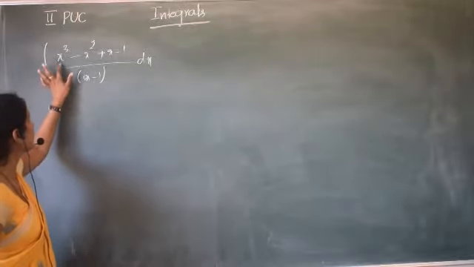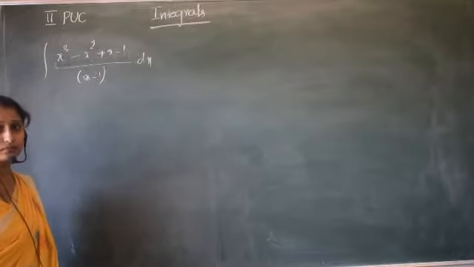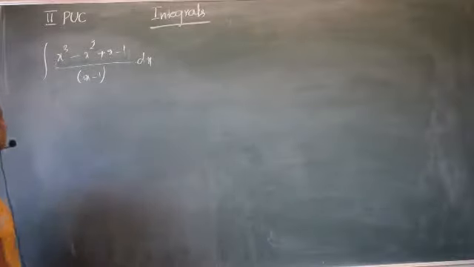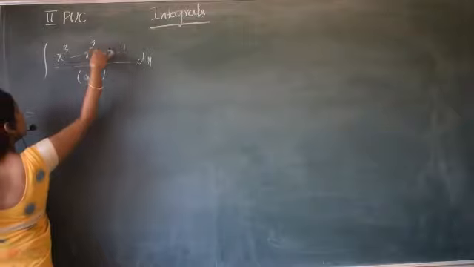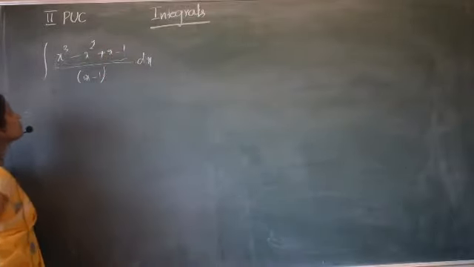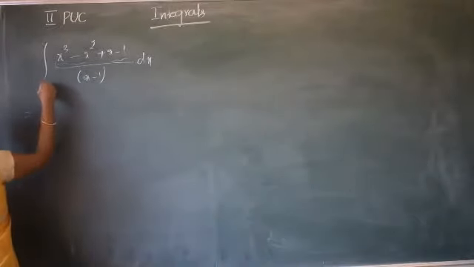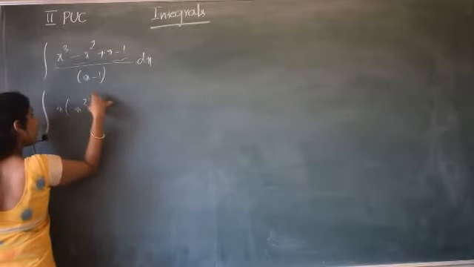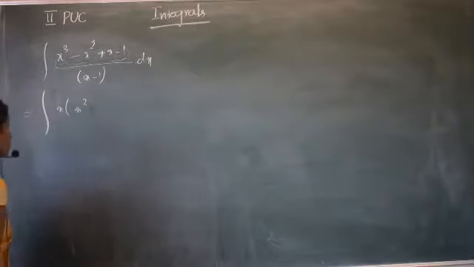So what I'll do is I'll consider x cube and x square together, and x minus 1 together. It is only to simplify the integrand. When you see x cube minus x square, which is common? x square is common, if I take x common, x square only I can take common.